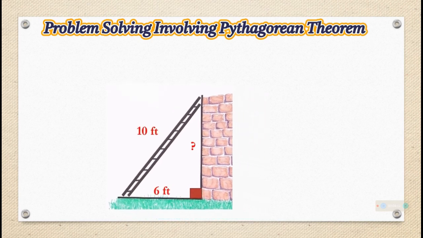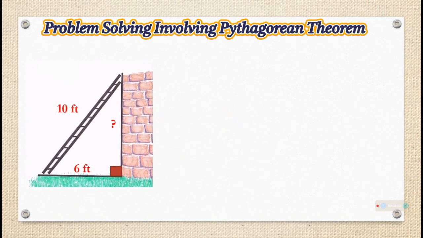To solve this problem, let's assign the values of A, B, and C. So here, A is equal to 6, C is equal to 10, and we're going to look for the value of B. Now, using the Pythagorean theorem, let's substitute the given values. So we will have 6 squared plus B squared is equal to 10 squared.